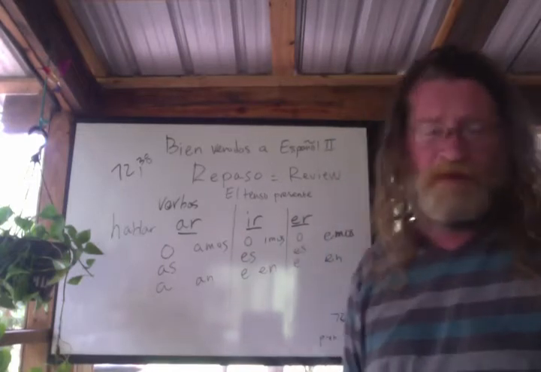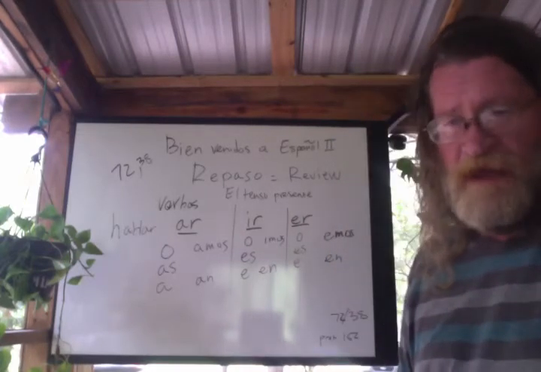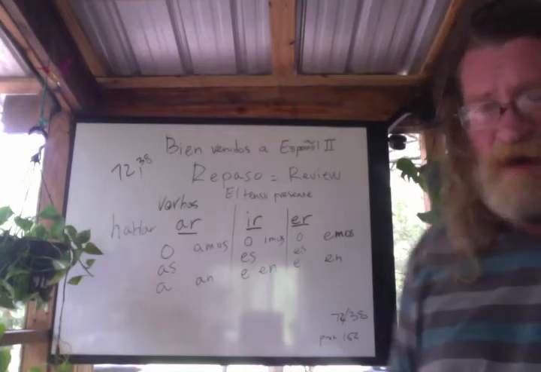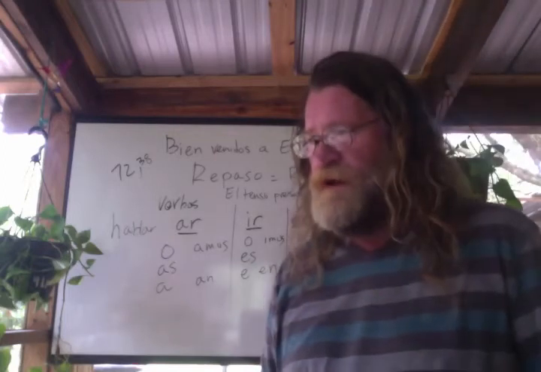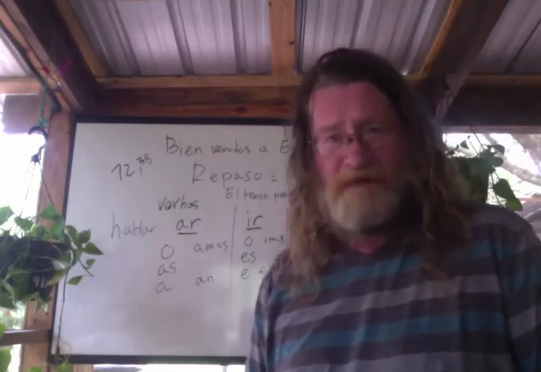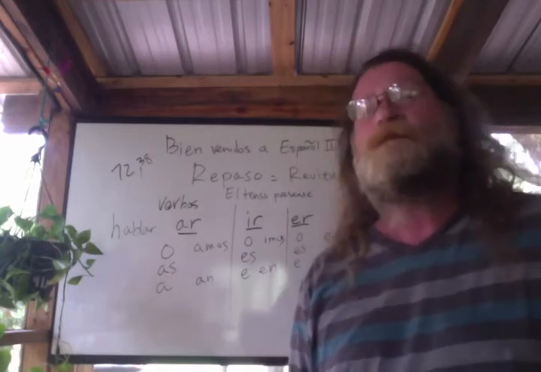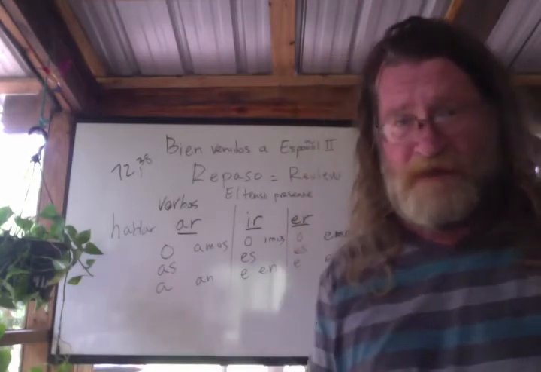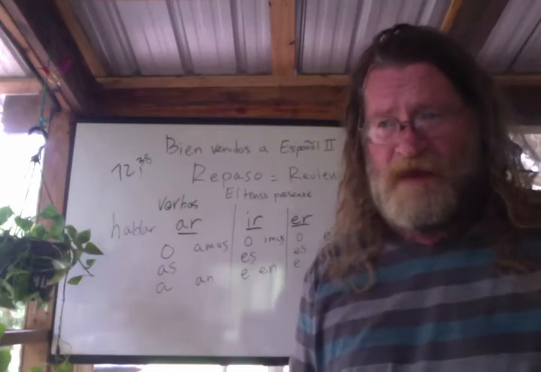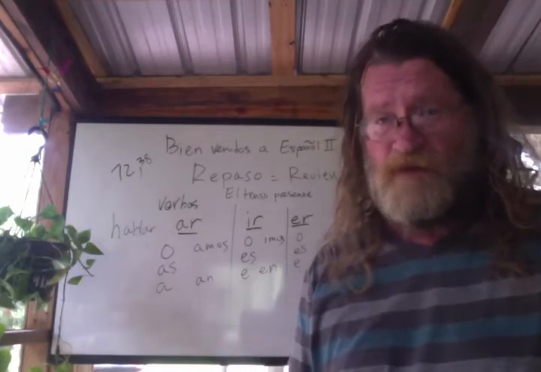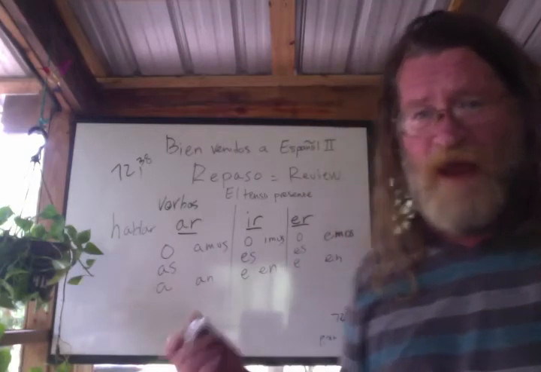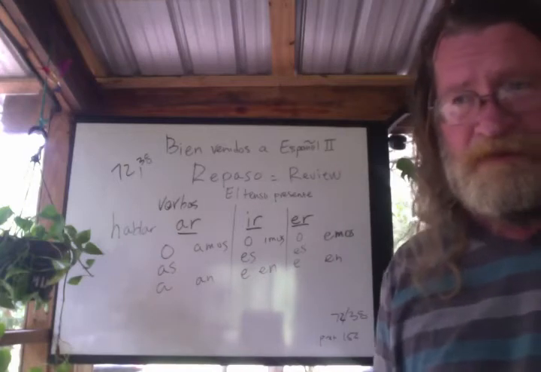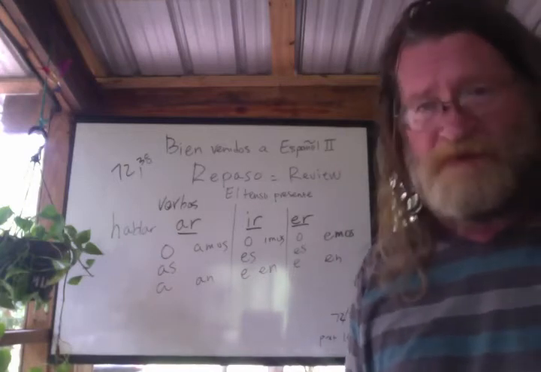Then we need to put the pronouns to it. And the pronouns in Spanish are optional. For example, if I say in English, I go to the store, in Spanish, because you change the endings, you could say the verb itself, go to the store, and if you have the right ending on it, then everybody understands what you're saying.